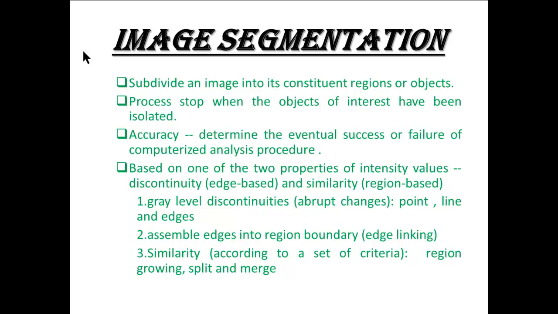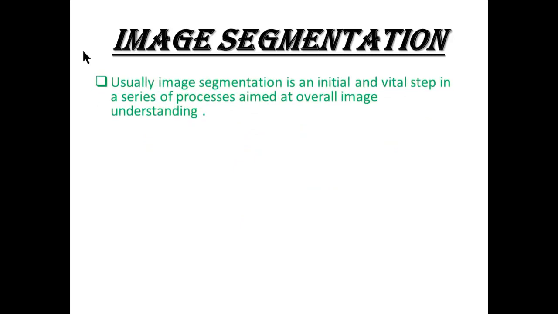Assemble edges into region boundaries using edge linking. Similarity, according to a set of criteria: region grouping, split, and merge. Usually, image segmentation is an initial and vital step in a series of processes aimed at overall image understanding.